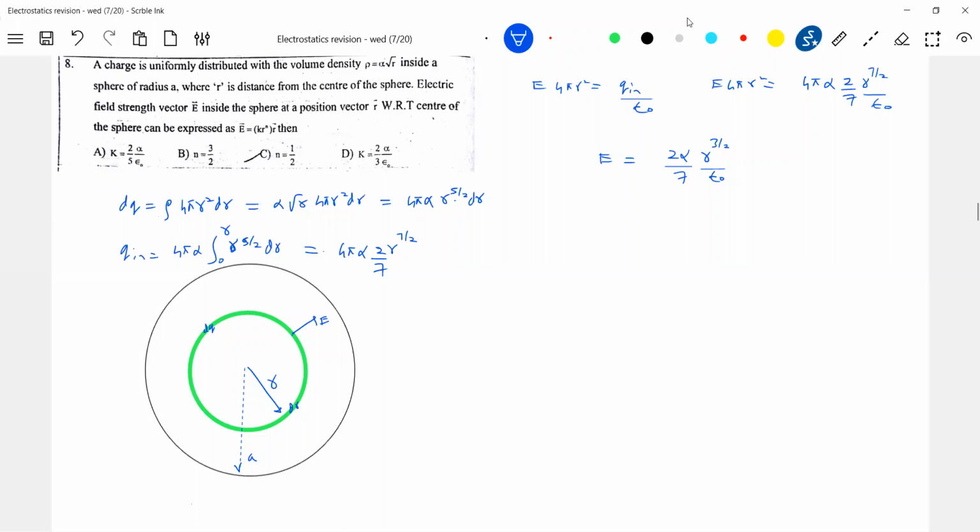I think it should be 1 by 2 because r he has brought outside, so there should be 1 by 2.